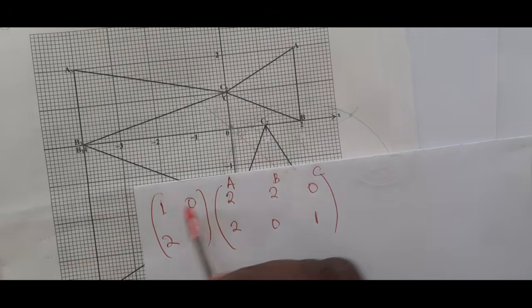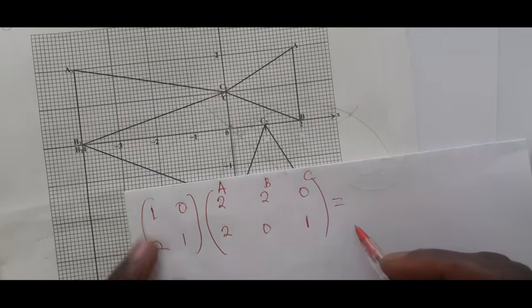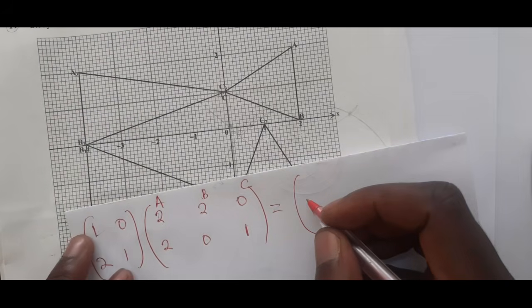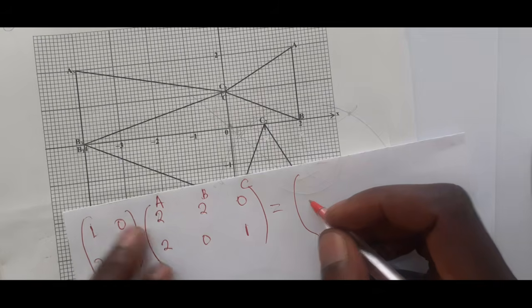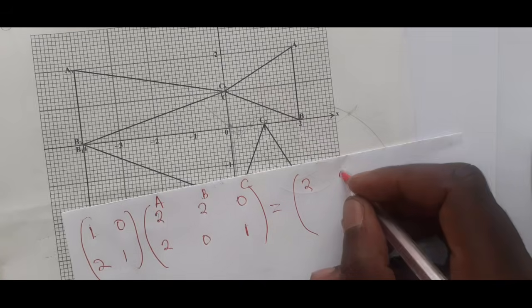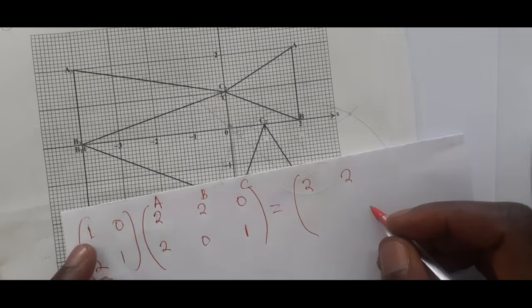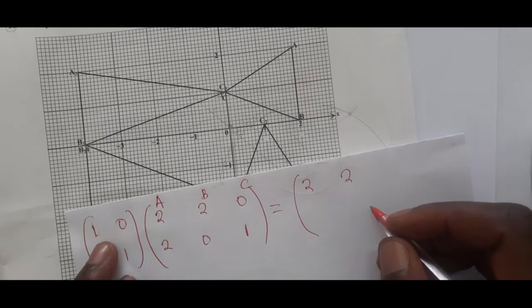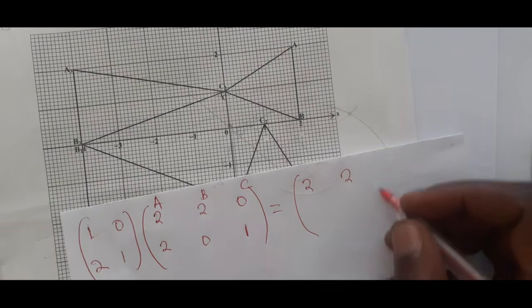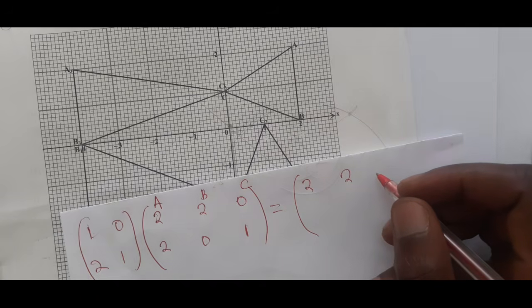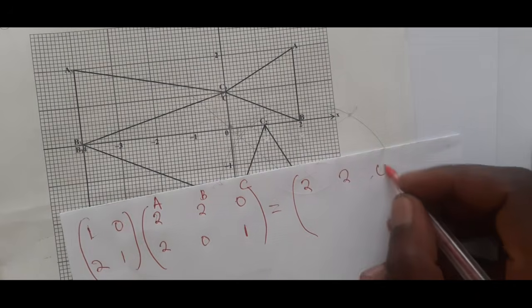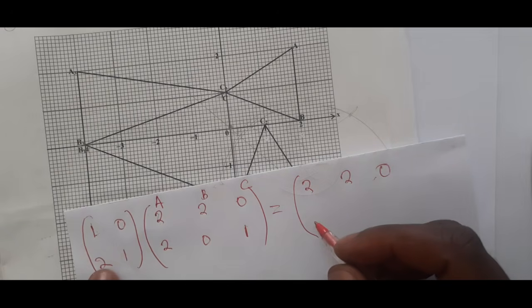The first one is going to give us, you multiply row by column. So this is going to give us 2. This other one also gives us 2. This one is supposed to give us what? Let's see. So then this one is going to give us 0. The second one now, 2.